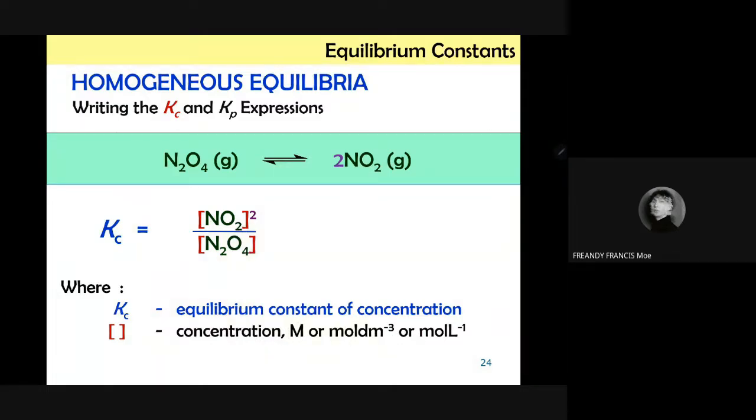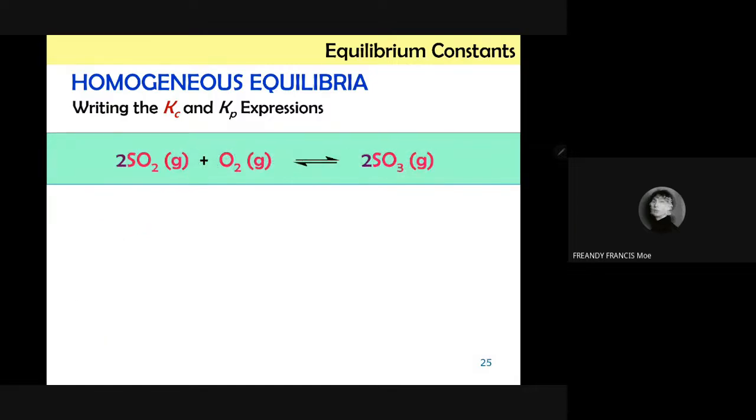Okay. Dan kalau kita tengok contoh lagi satu, this one, saya nak kamu cuba tulis Kc dia sekarang. Try to write the Kc. I give you 30 seconds to write the Kc and I will show you the answer. Okay, sudah?